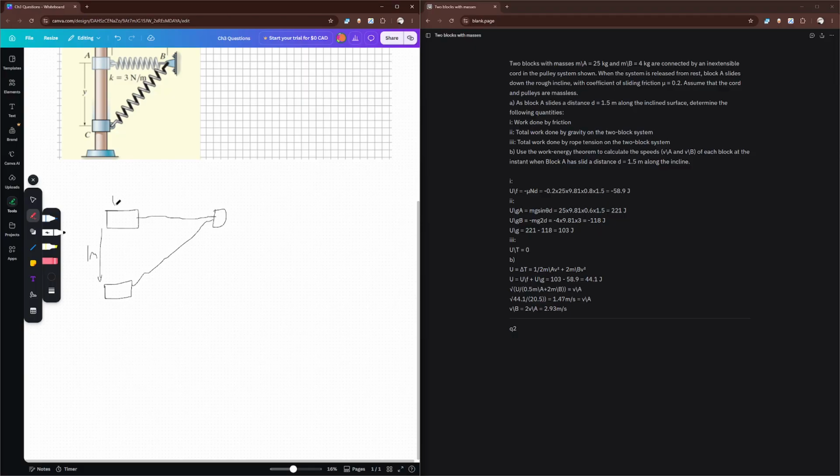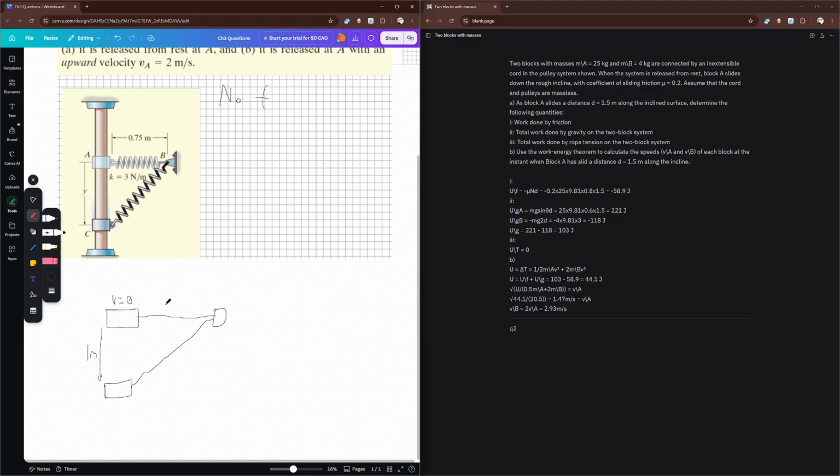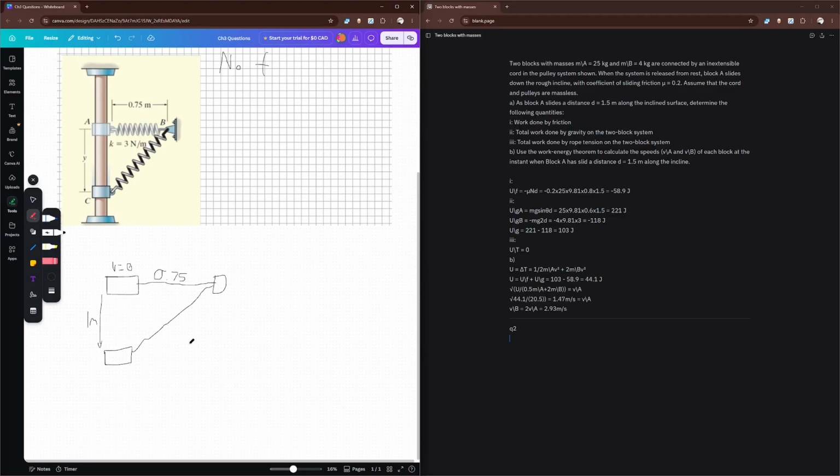And here it's v equals 0. This is for scenario 1. We know this is 0.75. And if you use Pythagorean's theorem, so you get 1 plus 0.75 squared and then take the square root of 1.75, you get 1.25 meters for this hypotenuse.